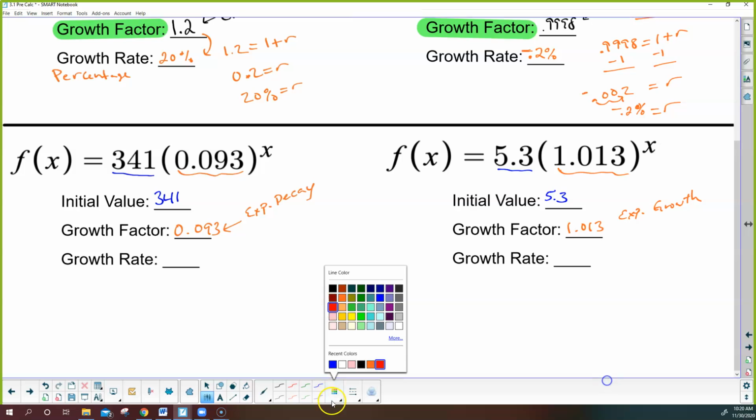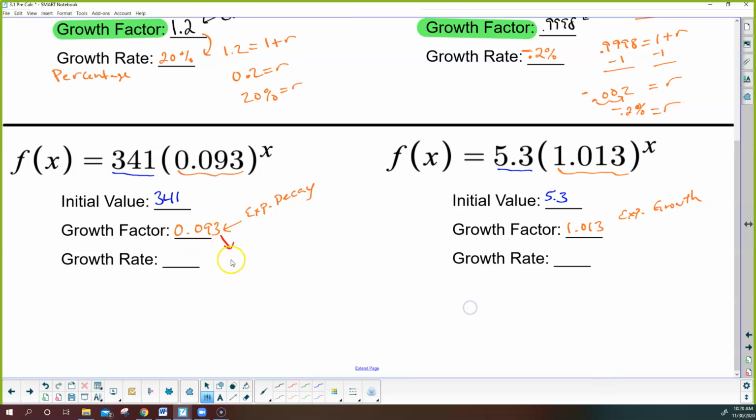And then to actually find the rate, you take your growth factor and you set it equal to 1 plus r. And then you always subtract 1. You don't have to show this work. You could literally just grab your calculator.